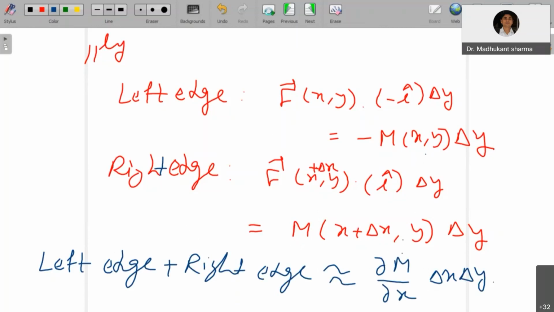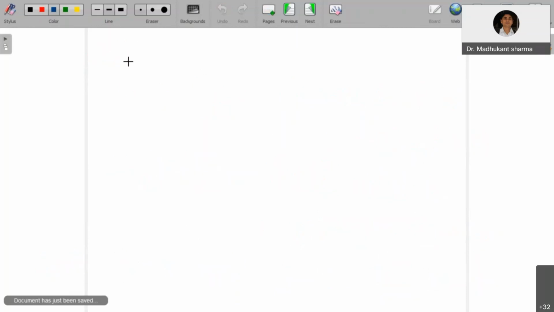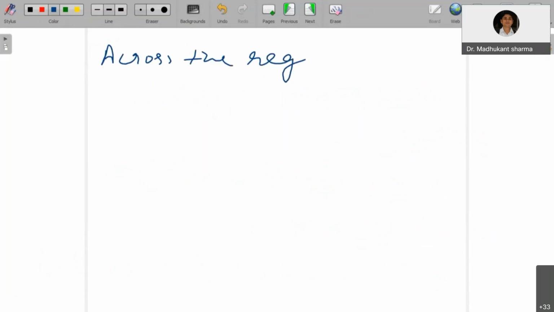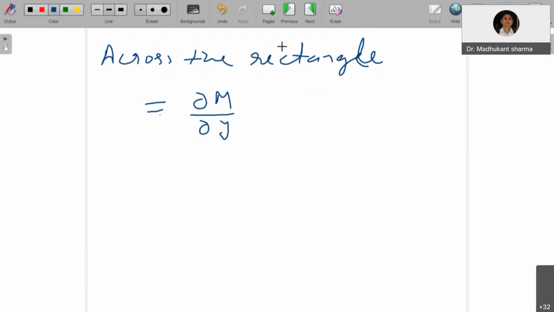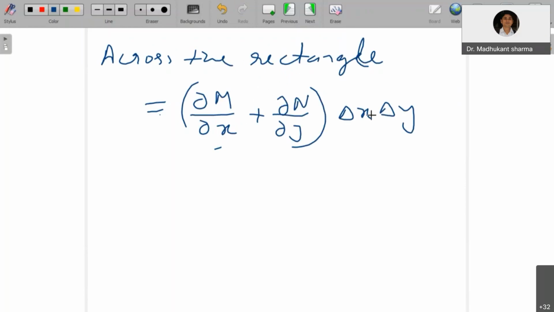Therefore the total flux across the rectangle is approximately dou m by dou x plus dou n by dou y times delta x delta y. Now, this is the flux across the rectangle.